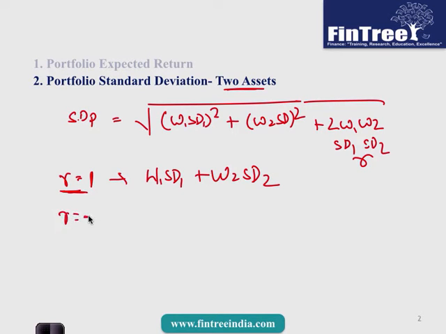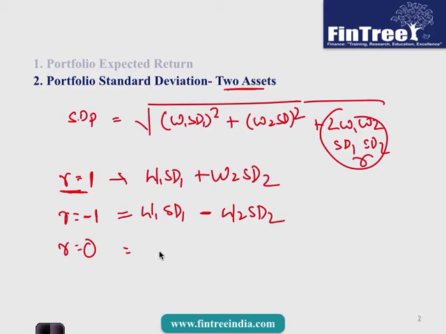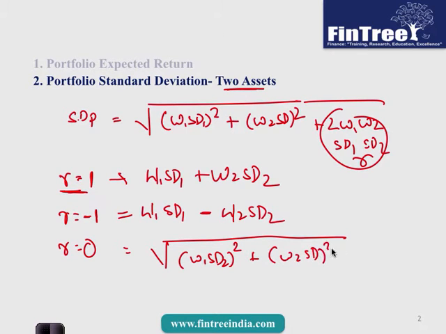If the correlation coefficient is equal to -1, then this would be a minus b whole square. Therefore the portfolio standard deviation will simply be weight 1 standard deviation 1 minus weight 2 standard deviation 2. And if the correlation coefficient is equal to 0, then the whole last term will become 0, and therefore the portfolio standard deviation would be equal to the square root of weight 1 standard deviation 1 squared plus weight 2 standard deviation 2 squared, which is not the same as this value.